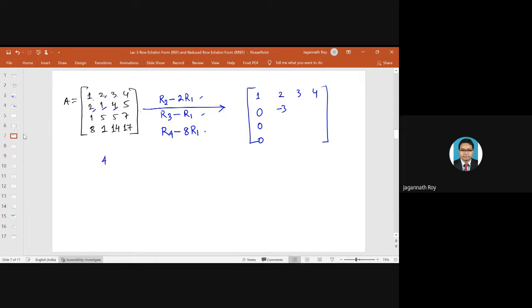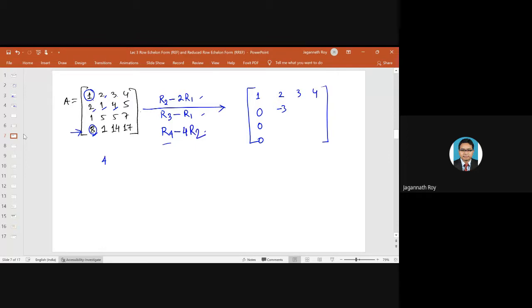Sir, it's R4 minus 4R1, right? No, 8 R1. R4 is this one row. But sir, 4 into 2 will be 8, right? Yes, that is also possible. You can also write it as 4 times R2.